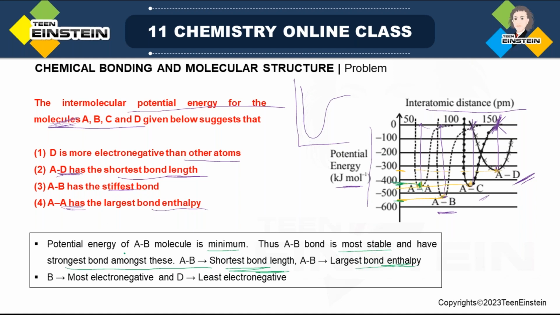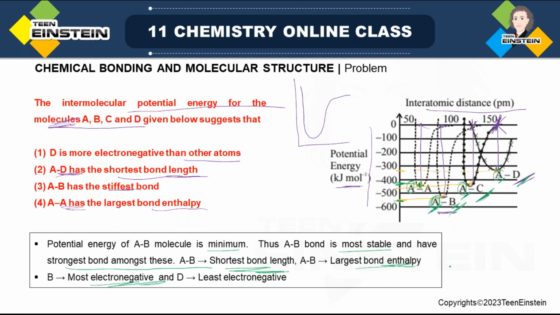And B is most electronegative, because with B, A is common here, right? So keeping A common, you are comparing its interaction with B, C and D. In which case energy minima you are reaching, in which case you are reaching the stable bond, it is for AB.